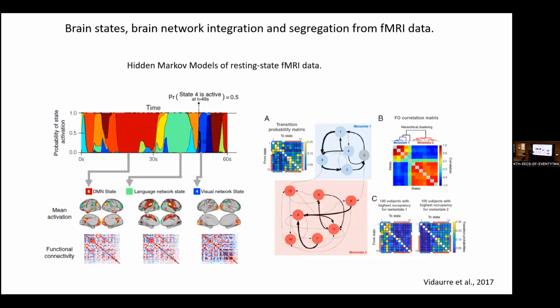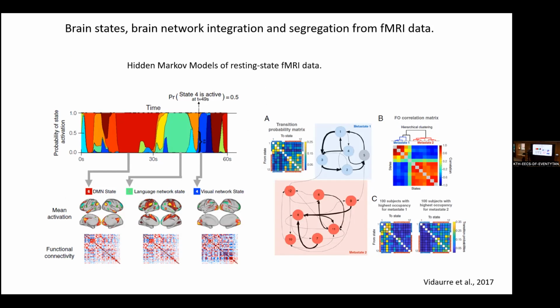And you can use a different approach to this. You say, well, it's not that discrete. I mean, going from one state to the next, it's more like a probability. So you can use hidden Markov models, and implicitly in hidden Markov models you have states that just depend on the previous data. So this is one example of that kind of work. So over time in the fMRI scanner, you have a certain probability that state 4 is active, for instance. So here it's 0.5. And different states correspond to different connectivity patterns in the brain.